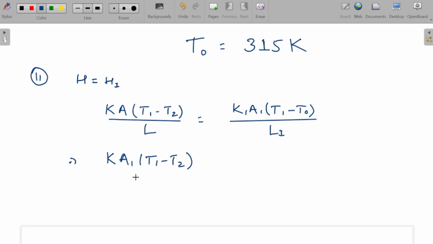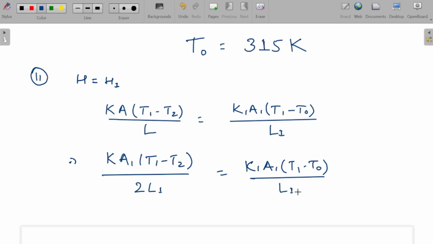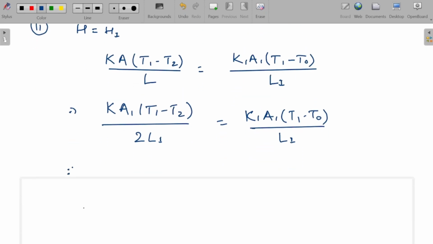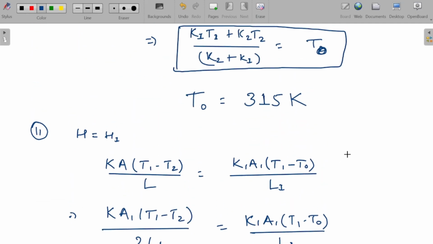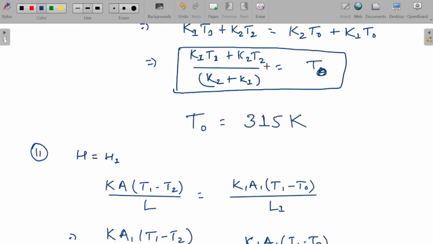T1 minus T2 divided by twice of L1 equals K1 A1 T1 minus T naught divided by L1. And it will be simplified. K times T1 minus T2 divided by 2 will be equal to K1 times T1 minus T naught. And instead of T naught, we can write this expression here.